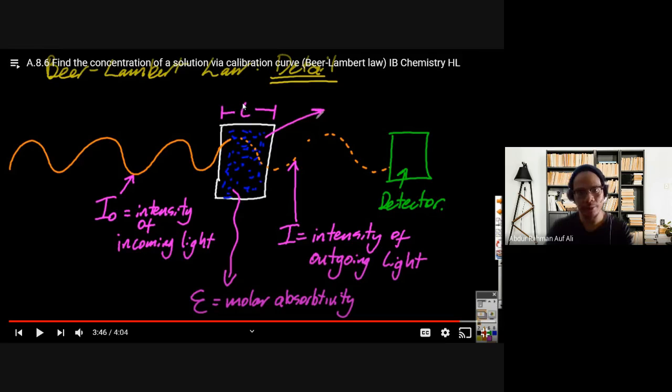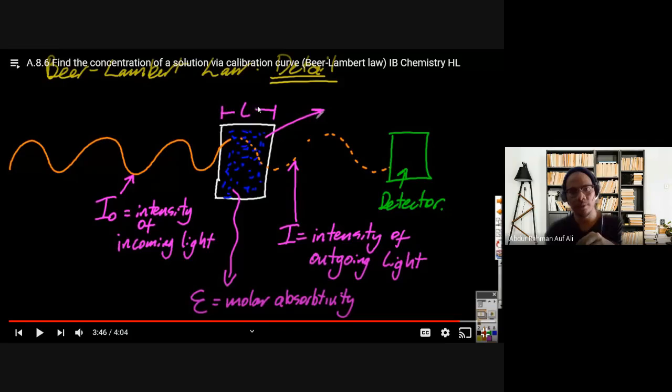This is the path length, kelebaran sesuatu bekas. Kalau dalam spektrofotometer, bekas yang kita isi solution tu nama dia cuvette. Okay, dalam video yang saya tunjuk tadi dia guna cawan kan. So kalau dalam spektrofotometer nama dia adalah cuvette. Basically dia adalah a cube of glass ataupun quartz mineral that we put our sample solution in.